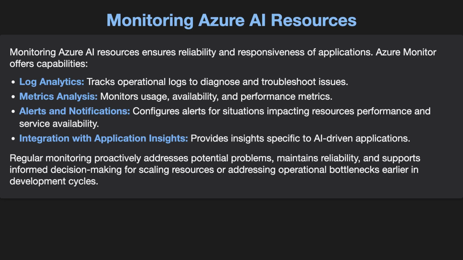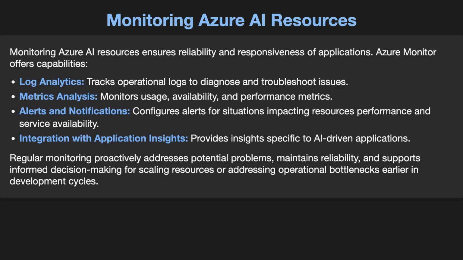Monitoring Azure AI resources ensures reliability and responsiveness of applications. Azure Monitor offers capabilities. Log analytics tracks operational logs to diagnose and troubleshoot issues. Metrics analysis monitors usage, availability, and performance metrics.